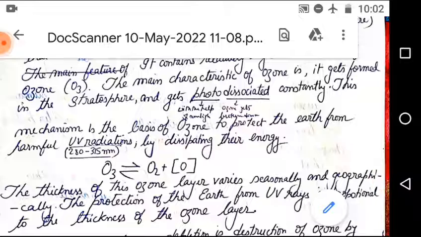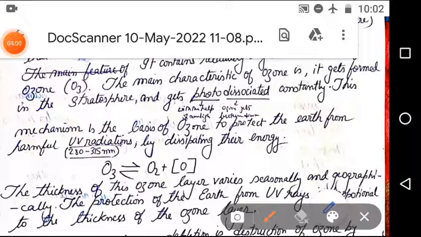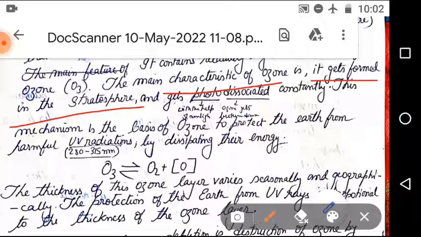What the notes are saying is that the main characteristic of ozone is that it gets formed in the stratosphere, and at the same time it is also photo dissociated. That means with the help of photons, that means sunlight, it is constantly separated.